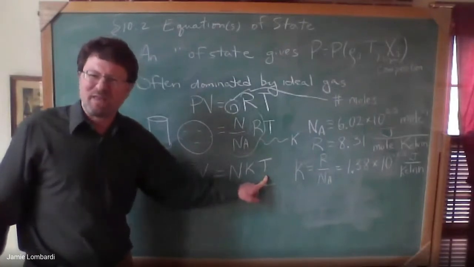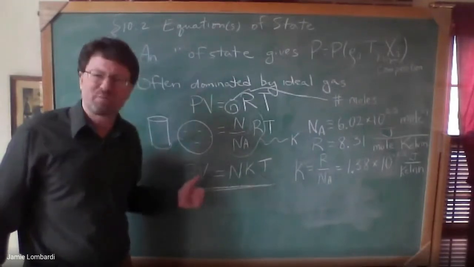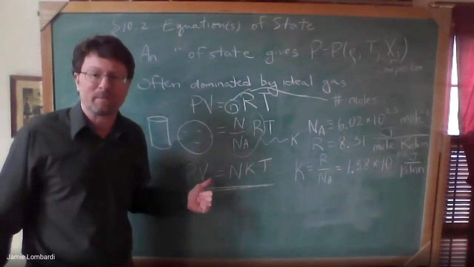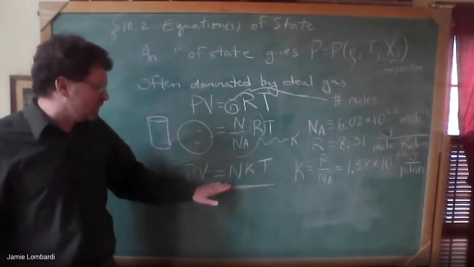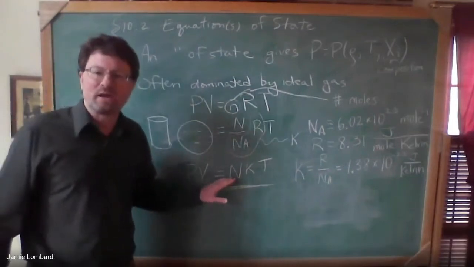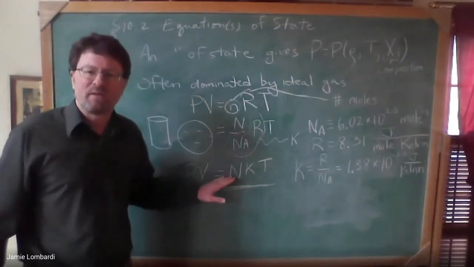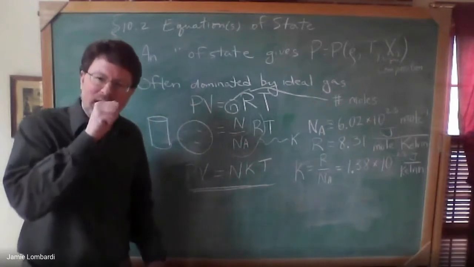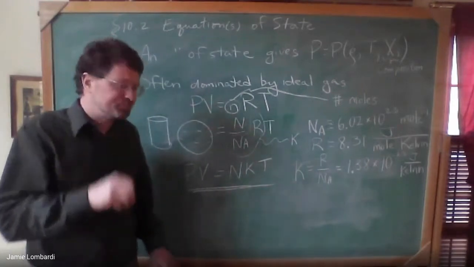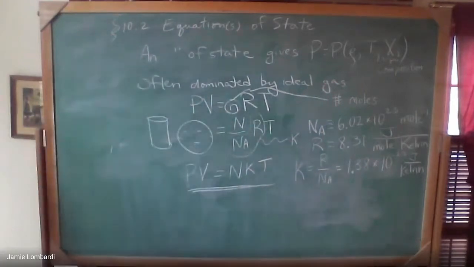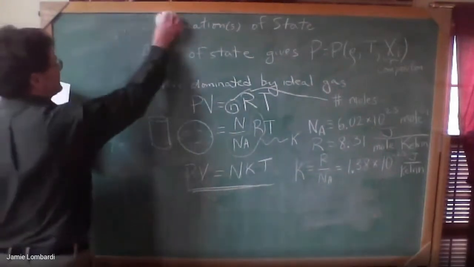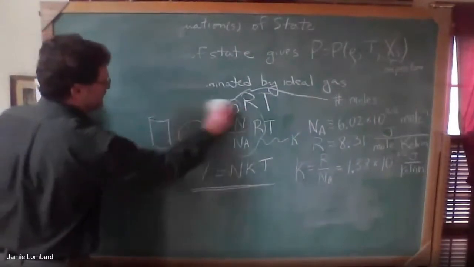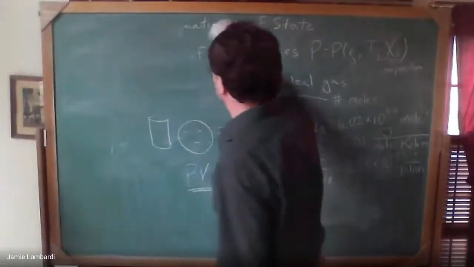So if you mean the volume of the whole star, what temperature and pressure do you use? It's not well defined. And so what we need to do is make this a localized equation, make this into an equation that works at a small scale. And so what we're going to do to make that happen is divide both sides of the equation by this volume V.